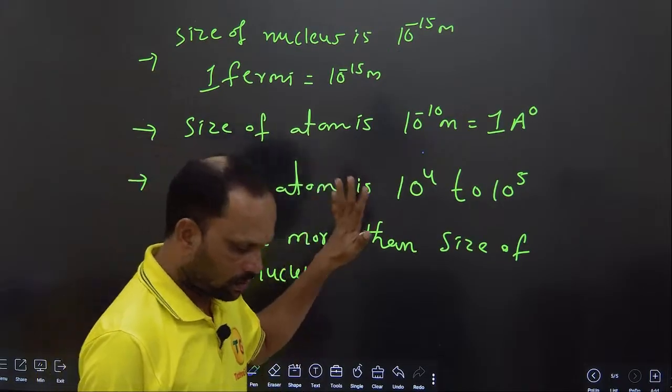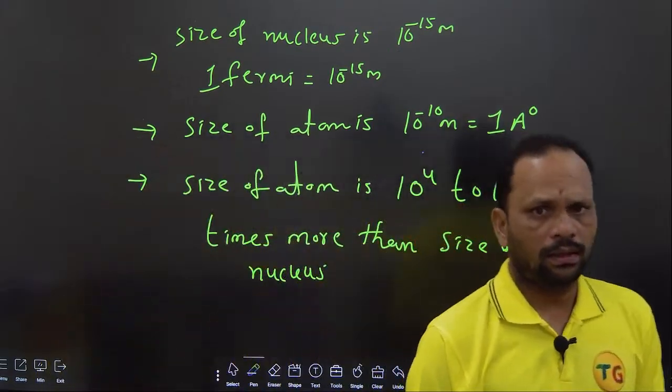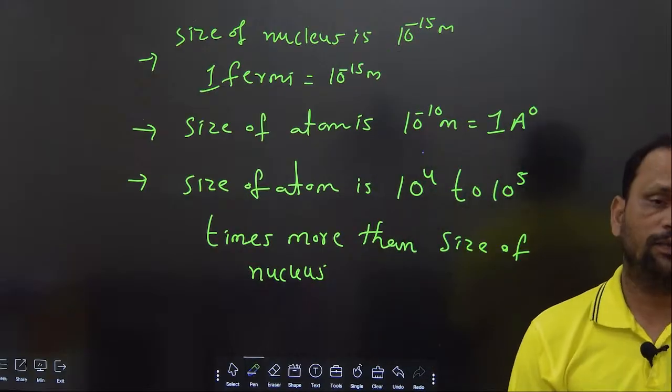This was given by Rutherford by experimental result. This is the merit or success of the Rutherford alpha scattering.